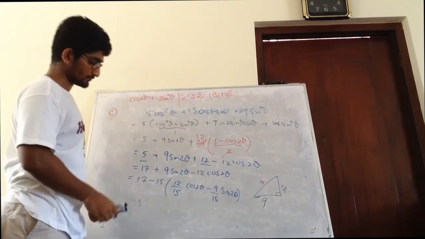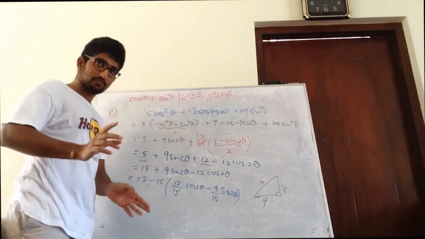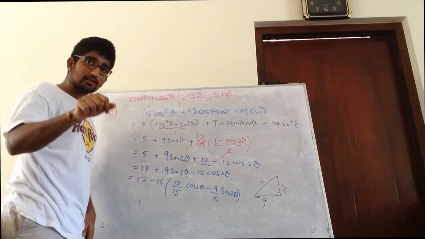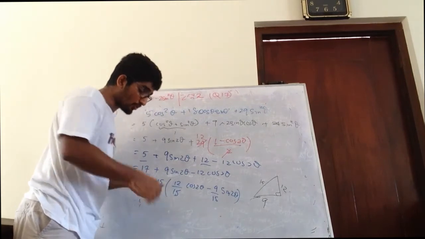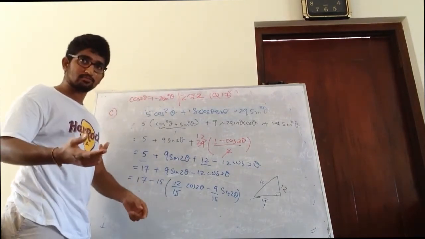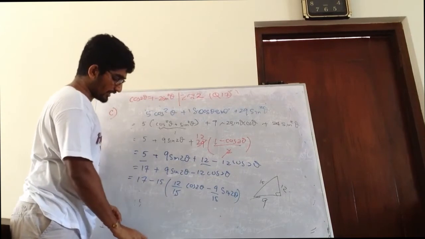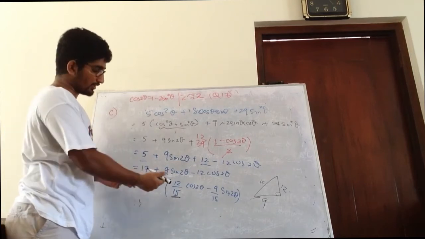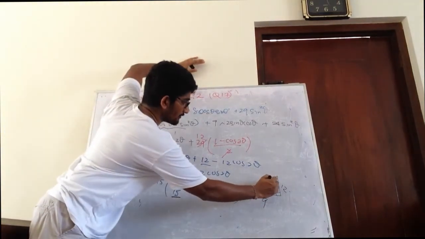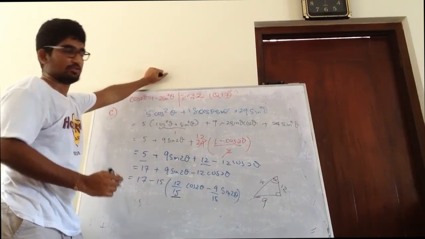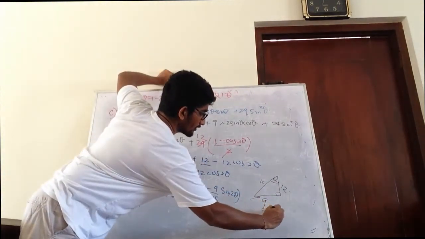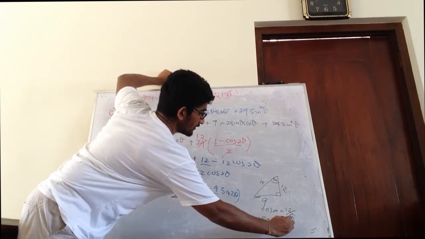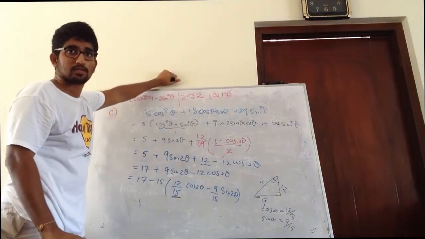Now do I need a sin here or a cos here? I need a cos there because the form they are asking is cos of 2 theta plus alpha. So this should be cos alpha somehow. For me to get cos alpha here, I have to make this alpha. If this is alpha, cos alpha is 12 over 15, sin alpha is 9 over 15. Correct?